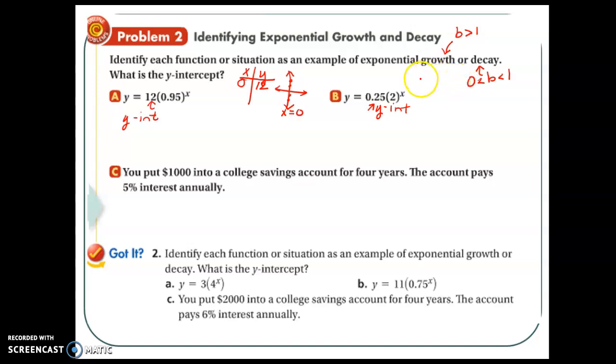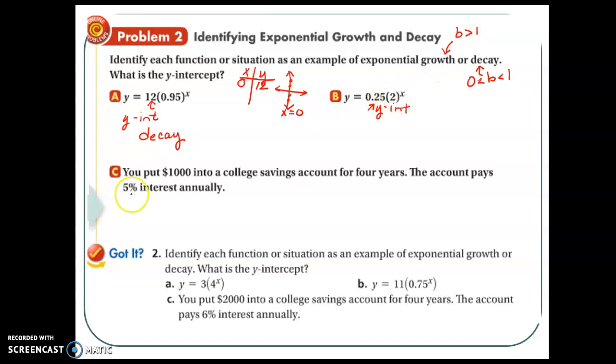If b is 1, then it's simply a horizontal line. You're just going to multiply that out. So it's just going to be greater than or less than. Right here, 0.95 is less than 1, so this would be a decay function.